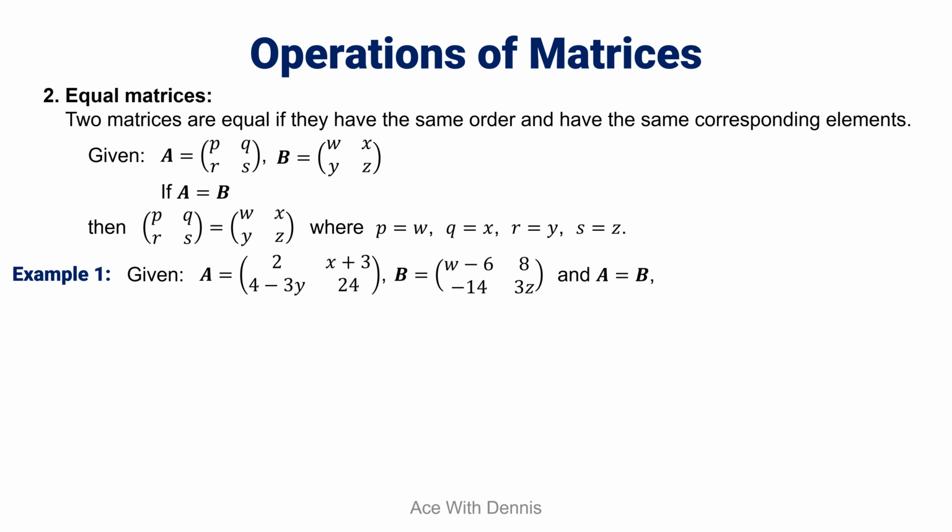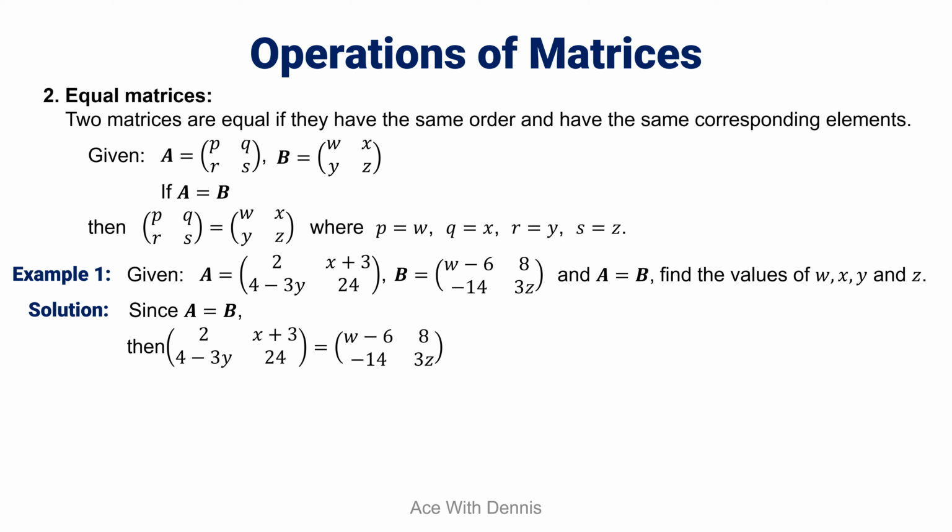And matrix A equals matrix B. Find the values of w, x, y, and z. So here's the solution. Since matrix A equals matrix B, the elements in matrix A, 2x plus 3, 4 minus 3y, 24, equal w minus 6, 8, negative 14, 3z.